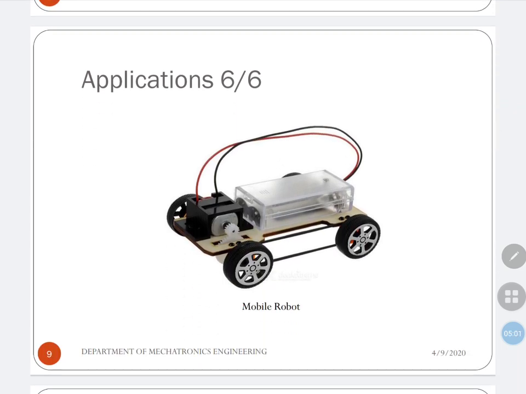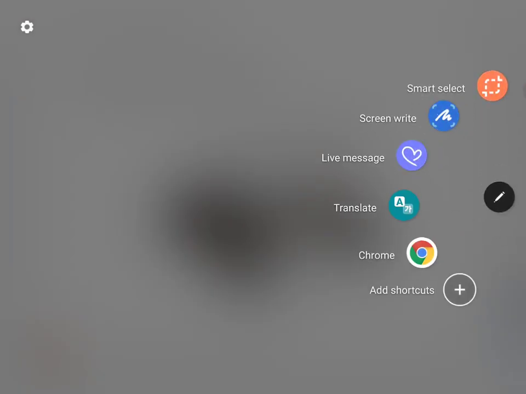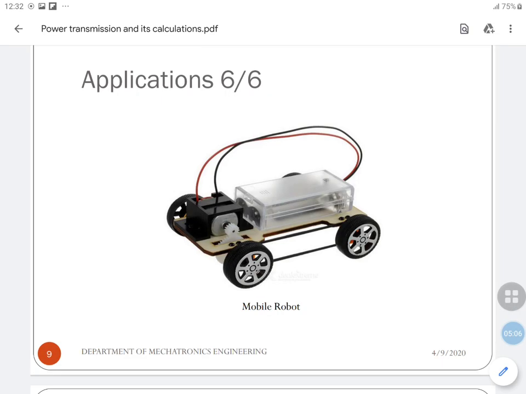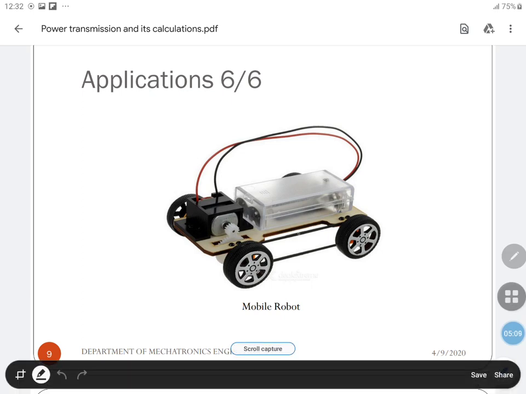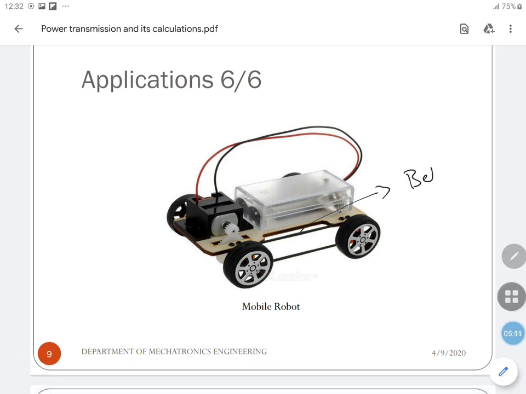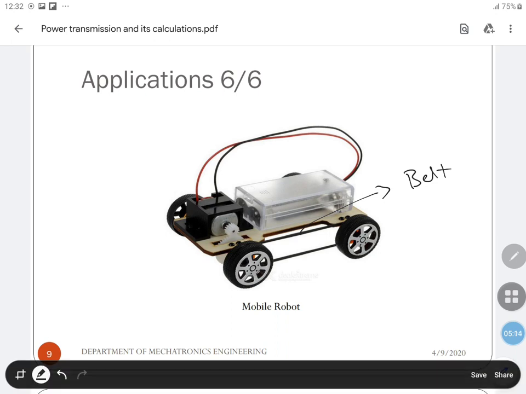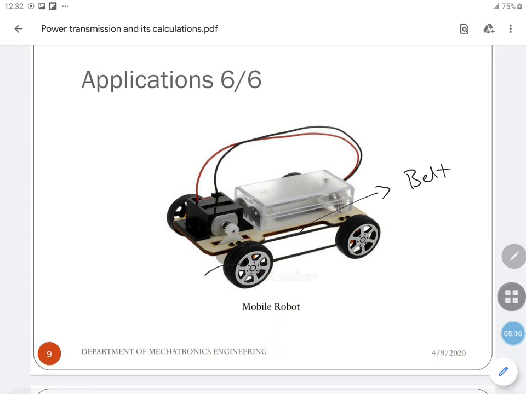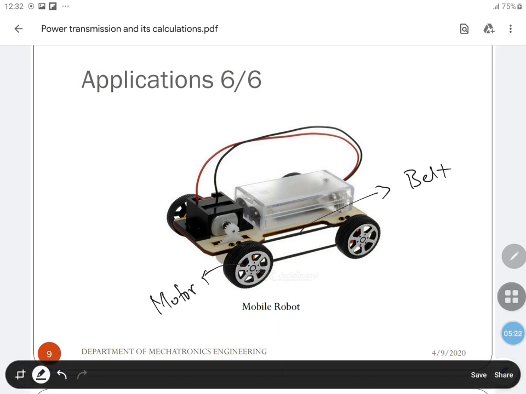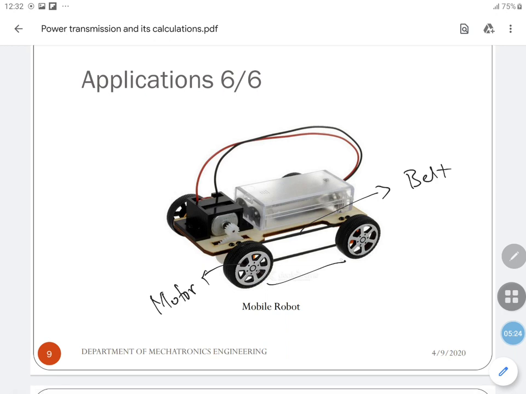In this mobile robot, both the wheels are connected through a belt. As you can see, this is the belt, and here a particular motor is connected, and to give this drive to the other wheel, we are using a belt here.